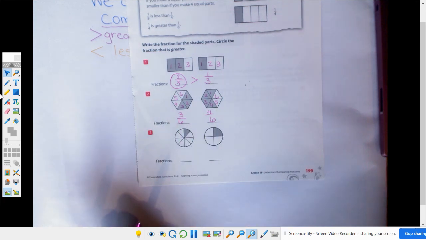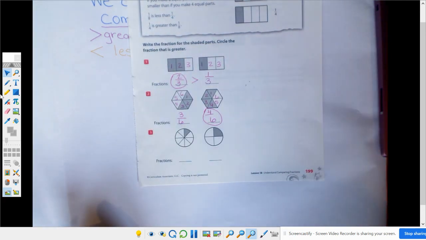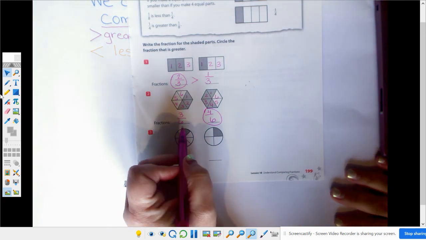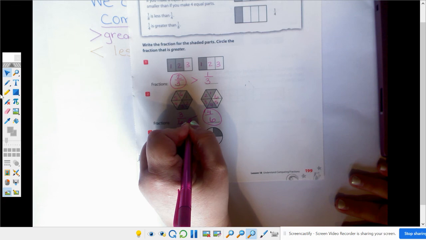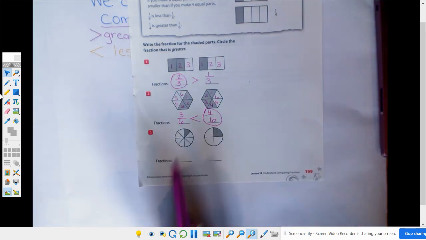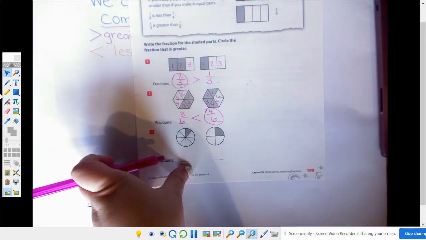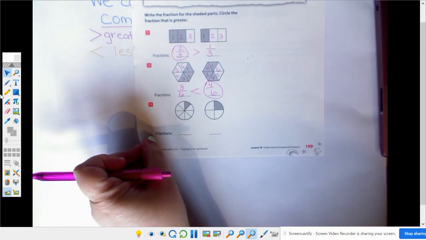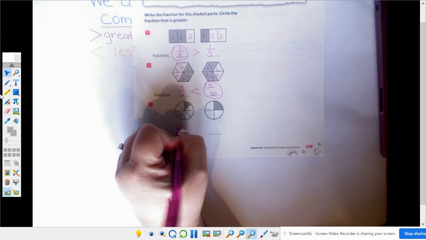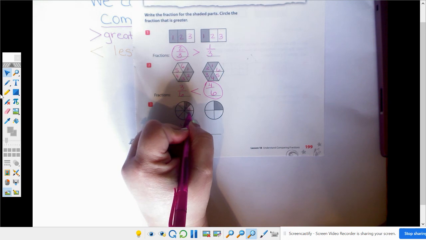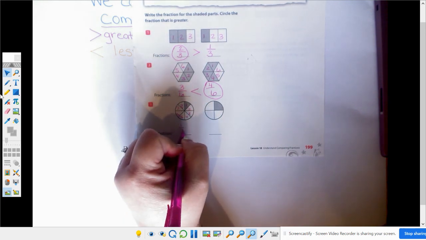What is greater? Well, 4/6 is greater. If I was reading this from left to right, I would need to say that 3/6 is less than 4/6, so I would write it like this. Okay, moving on, question 3. We have 1 part shaded on our first circle out of 2, 3, 4, 5, 6, 7, 8 parts total.